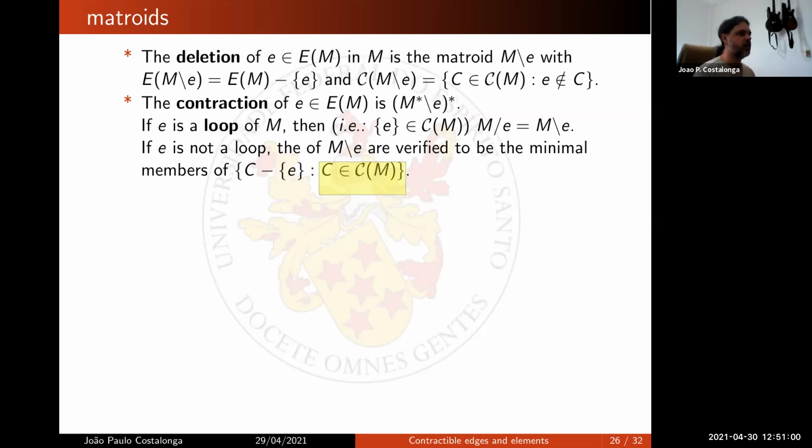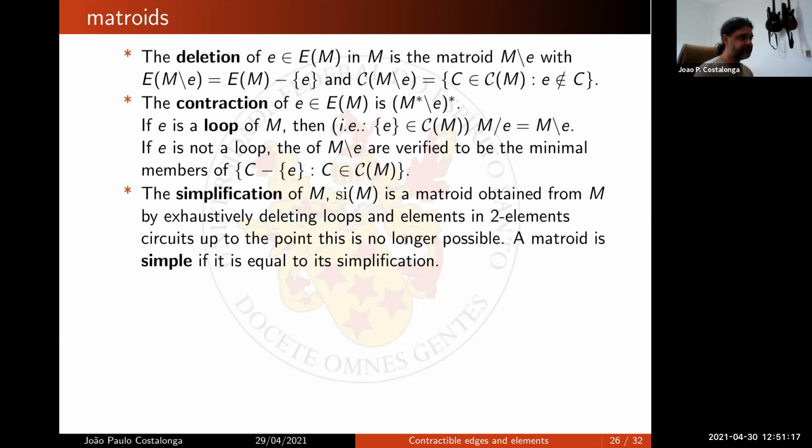You can see this holds for graphs too. One other way to see it is to look at the dual matroid, delete, and take the dual again. It's the same thing. And usually we work a lot with the dual matroid when talking about contractions, because this operation is sort of trivial. It is not that trivial, but if you look at the dual, it becomes trivial.